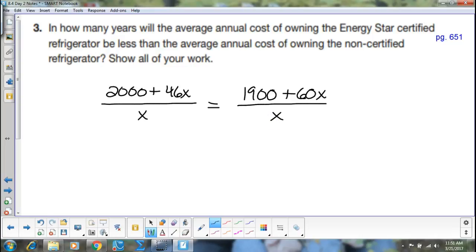What I'd like you to do now is solve that for x. Do I have to cross multiply? Why not, Ryan? Denominators are already the same, right?